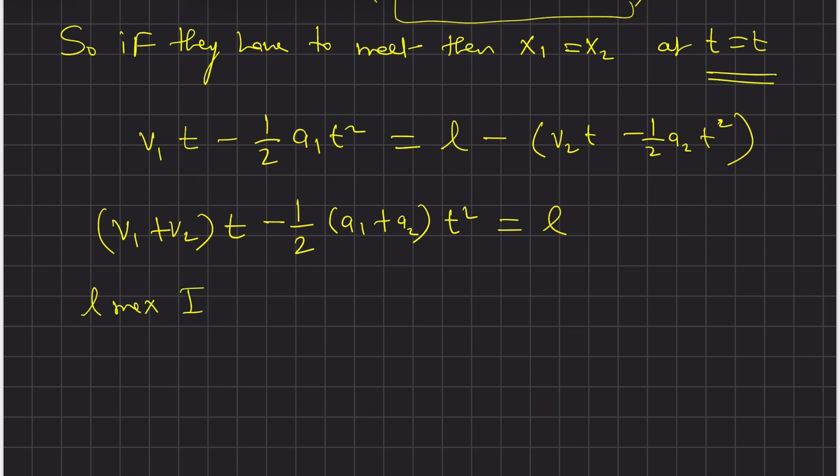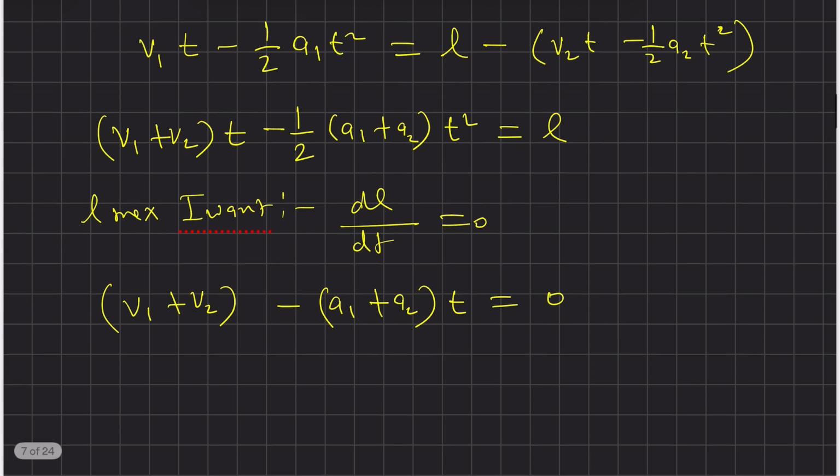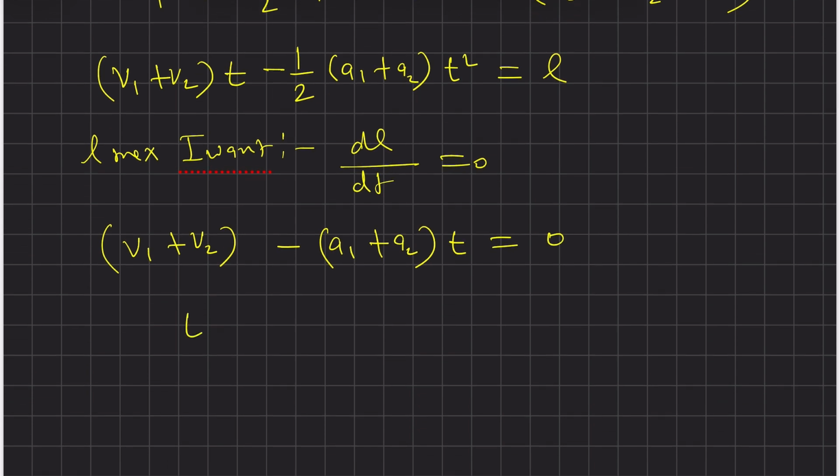So I will do dl by dt equal to 0, maximum-minimum we will apply. If you differentiate this function, we will have v1 plus v2 minus, the 2 gets cancelled, so a1 plus a2 into t is equal to 0. So t is equal to what, guys?